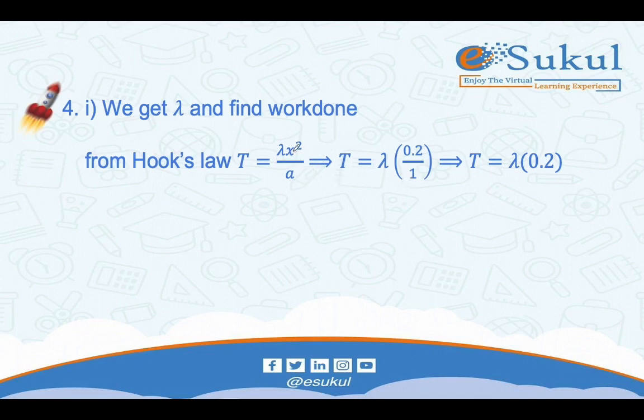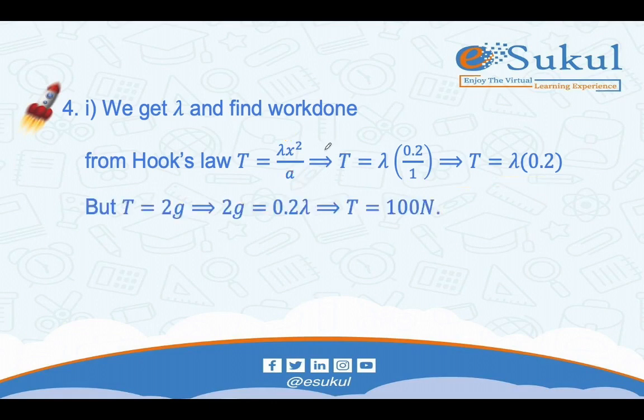Our x here is the extension, our a is the original length of the string. The original length is 1 meter and our extension is 0.2, which gives us the tension acting on the elastic string as 0.2 lambda.